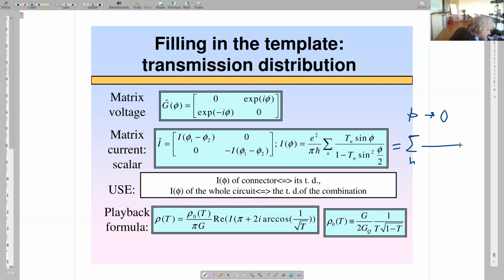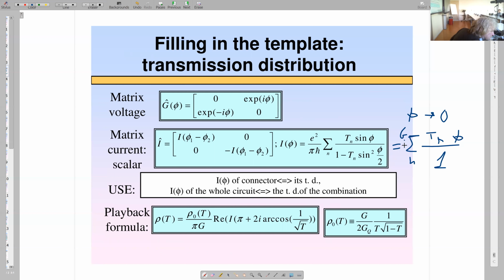The denominator just becomes... we look at the denominator, we take the limit of small phi. How much is this? 1. Yes. Here we have the n, and instead of sine, I could just write phi.